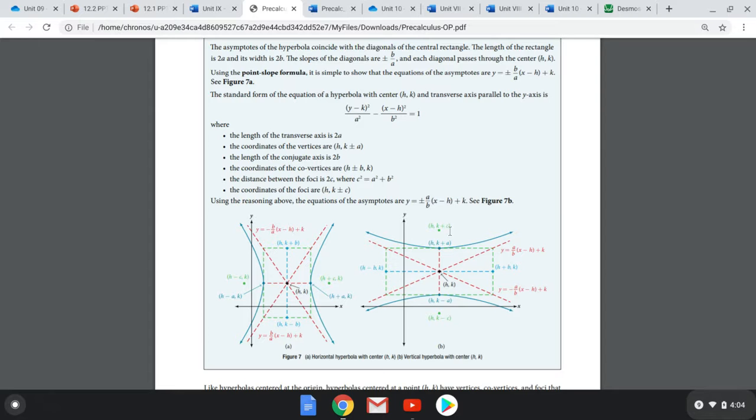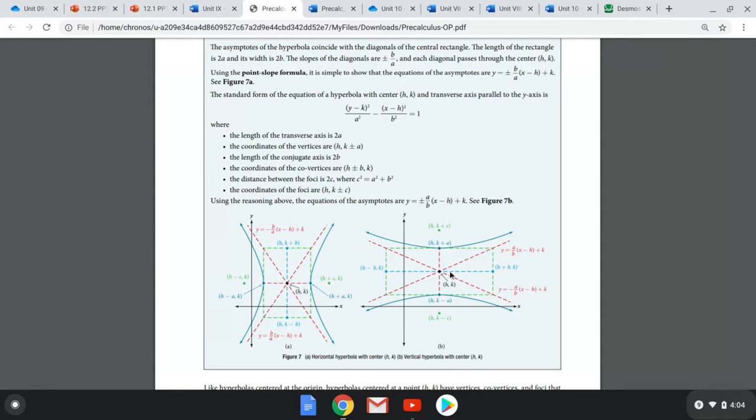So you don't need to necessarily memorize which one is which, because if you draw it and then you just say, okay, it's going to be plus or minus rise over run, you'll be able to see which one's rise and which one's run on your graph, easy peasy.